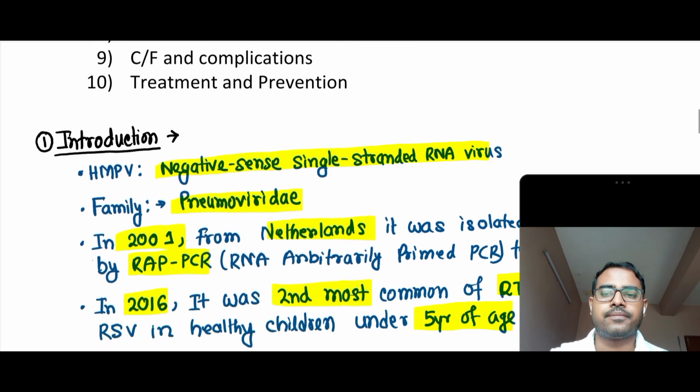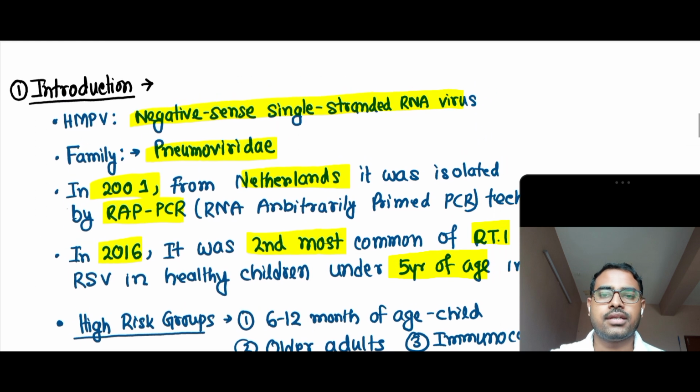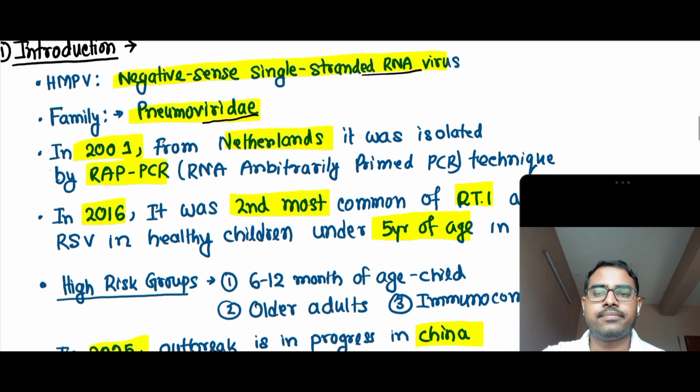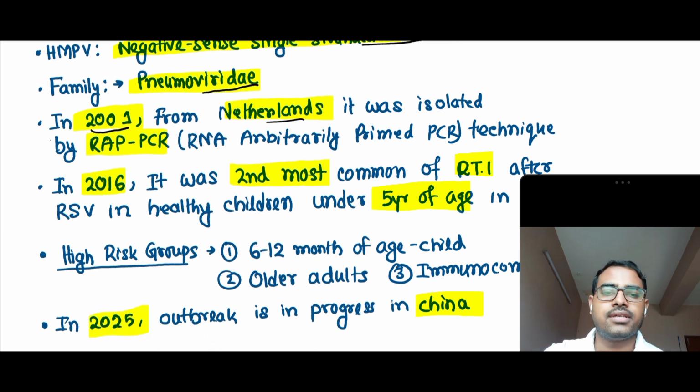Now, introduction. Human metapneumovirus is a negative sense single-stranded RNA virus. It belongs to the Pneumoviridae family. It is not a new virus. It has been present since 2001 in the Netherlands, where it was isolated by the RAP-PCR technique.